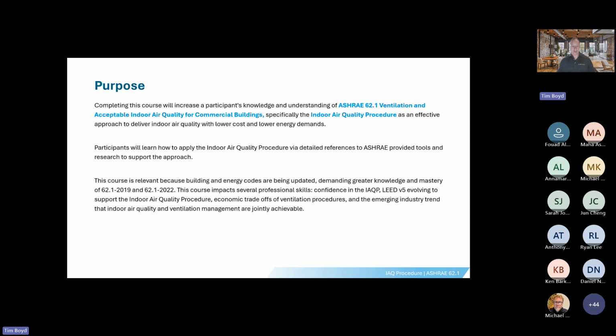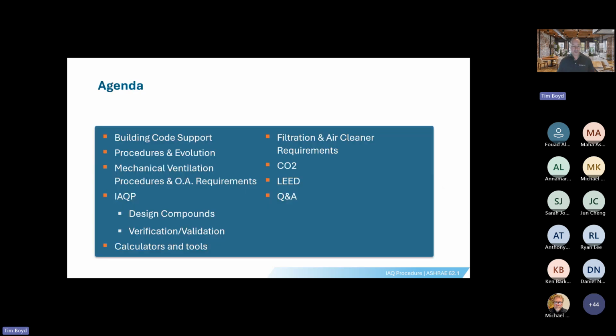At the macro level, what ASHRAE is trying to do is provide you a tool to help reduce the carbon footprint of your buildings, lower your energy cost, and, if done correctly, lower your first cost, and quite significantly too. I'll pepper in some stories and examples as we go through this course today.